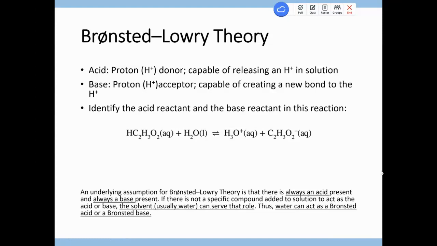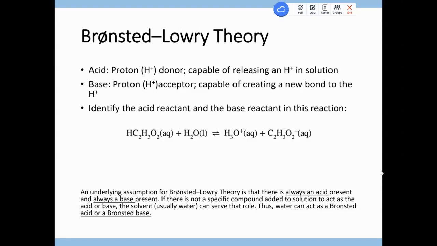Okay. So acids are the proton donors. Remember, a proton is a hydrogen without an electron, so H plus. Acids are capable of releasing an H plus in solution or giving an H plus to the base or giving it to water. Bases are proton acceptors.